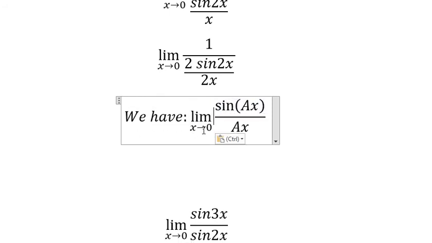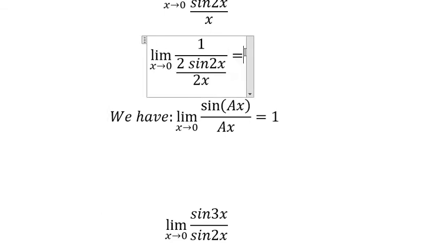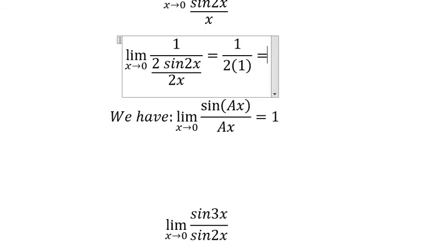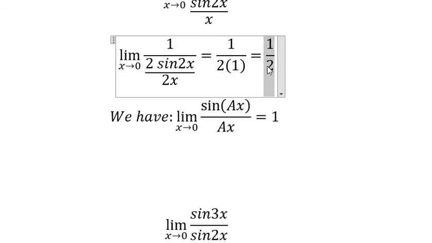When x approaches 0, sine of ax over ax equals 1. So that means sine 2x over 2x equals 1. So we have the final answer, and you get 1 over 2. And this is the answer for question number 1.